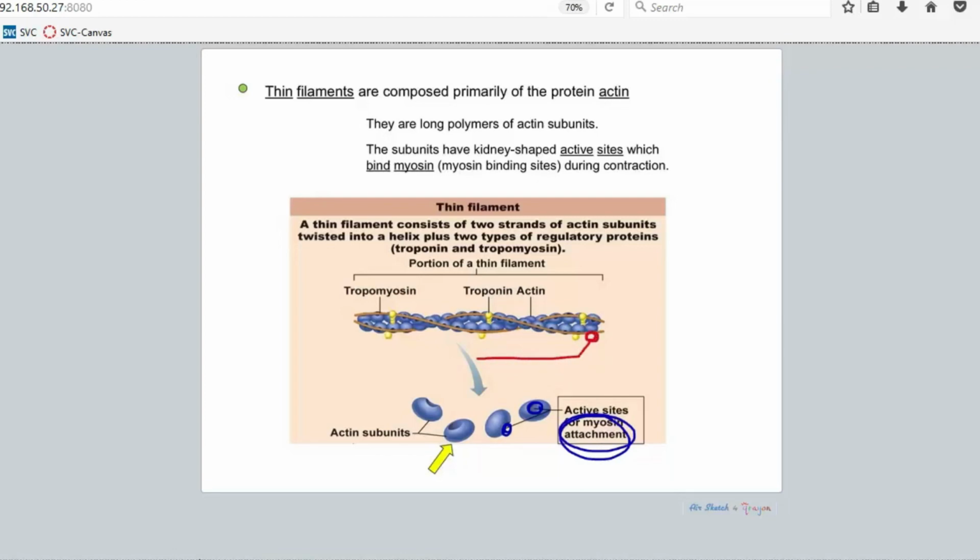For this attachment to occur, the myosin head has to attach to this active site on the actin molecule. So this is where that attachment is going to occur. That's an important component of the actin molecule, the binding sites for myosin.